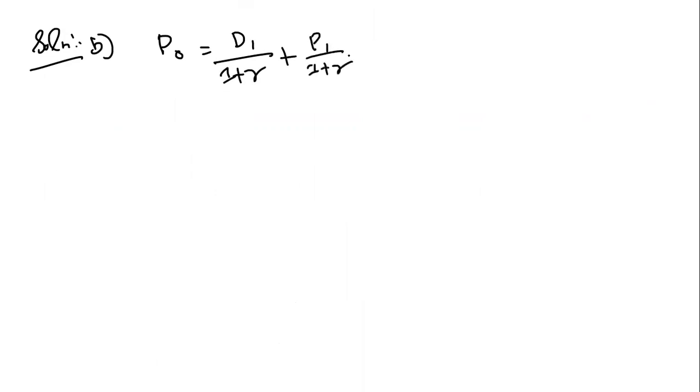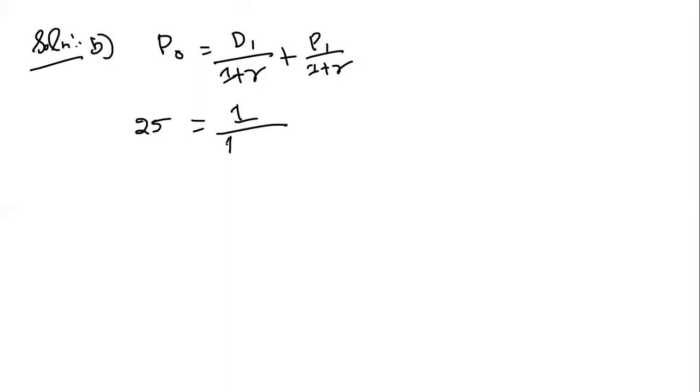Solution B. We'll use the same formula, P naught is D divided by 1 plus R plus P1 divided by 1 plus R. So we know P naught. P naught, the estimated price, is 25, which we have calculated in A, and D is rupees 1, which remains constant.